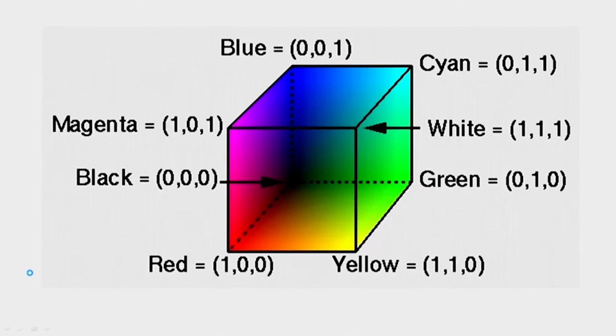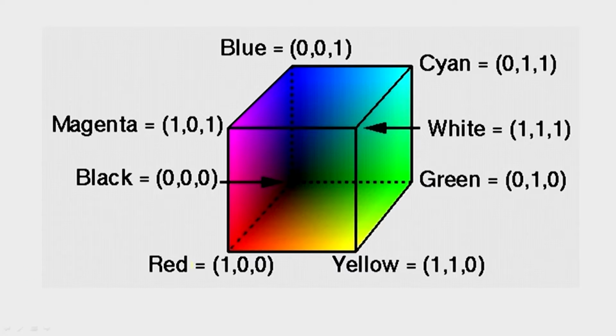This color space or color cube is known to us since our high school. As you know, there are 8 corners in this color space. Color space can be represented using different models. I am using this color cube model.